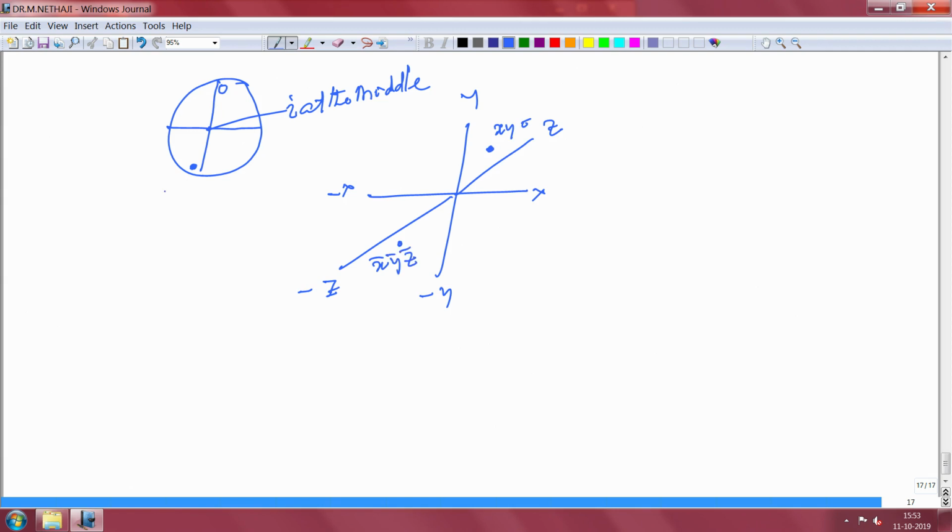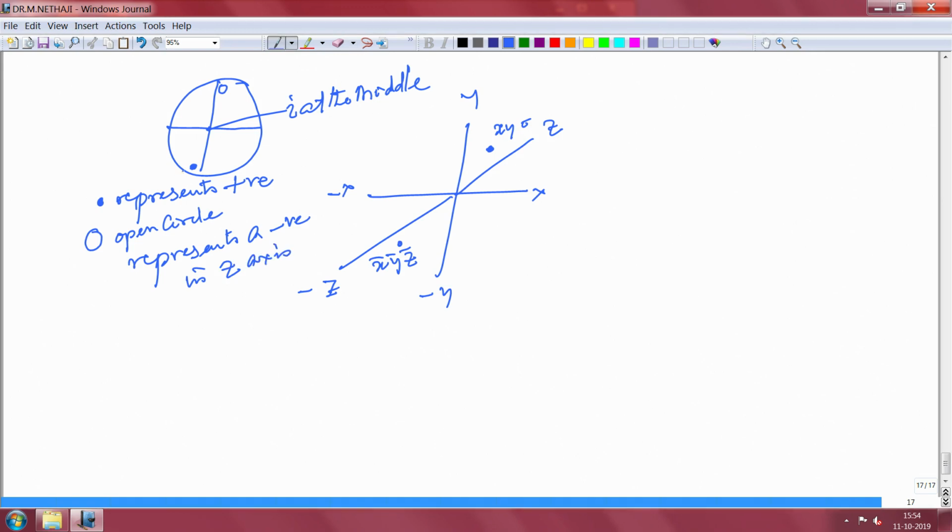Here the convention is, a dot represents positive, an open circle represents negative in z axis.